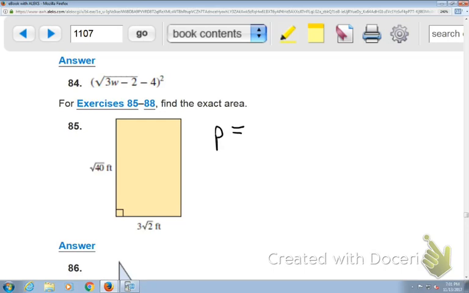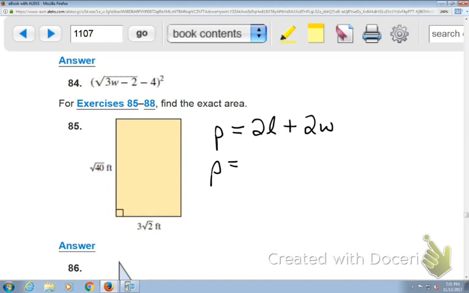Now this is a rectangle, right? So what's the perimeter of a rectangle? Two lengths plus two widths, right? What is perimeter? It's the length around the outside. You guys agree? So you're going to cover a width, a length, a width, a length, right?